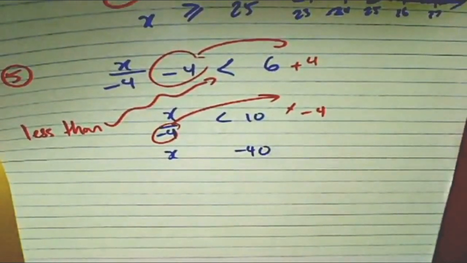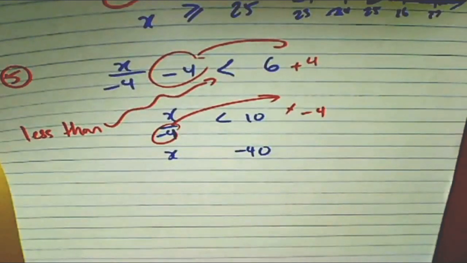What about the symbol? Swaps or stays? Why does it flip? Because you've multiplied by a negative. If you divide by a negative number or you multiply by a negative number, it's going to flip. Look at your face, you don't get it, right?